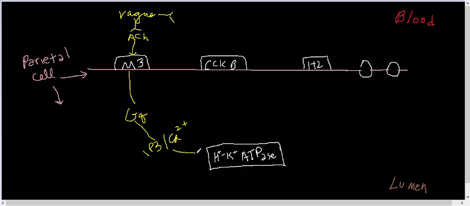And that secondary messenger will then stimulate this hydrogen potassium ATPase proton pump to secrete hydrogen ion and ultimately hydrochloric acid.